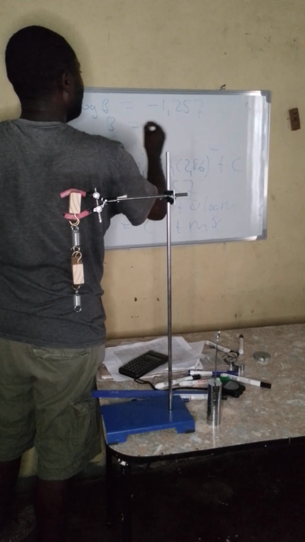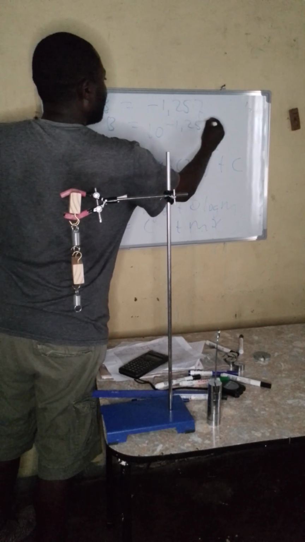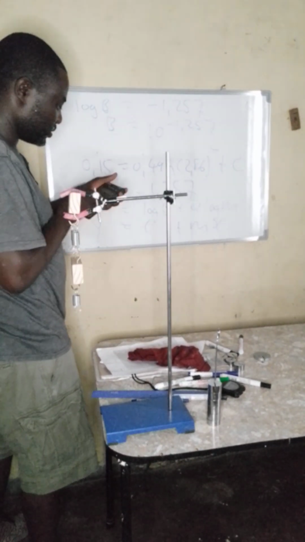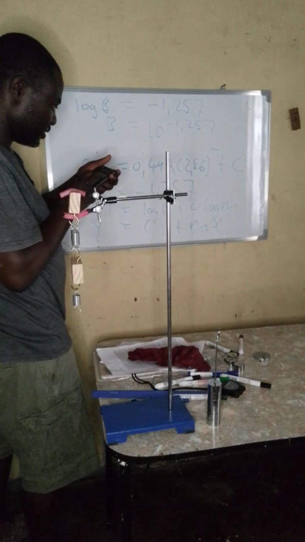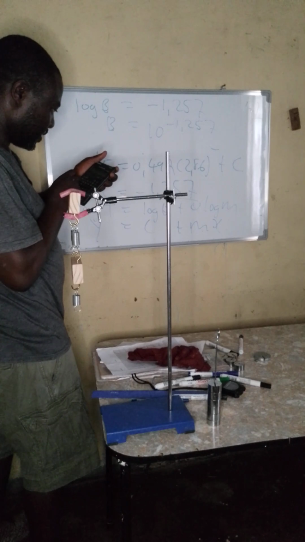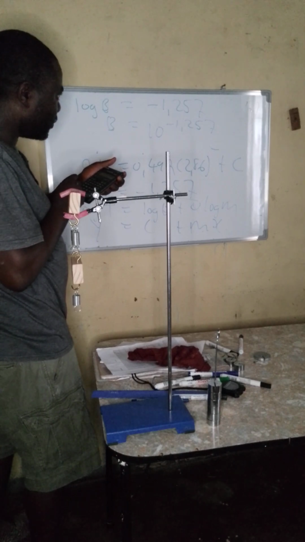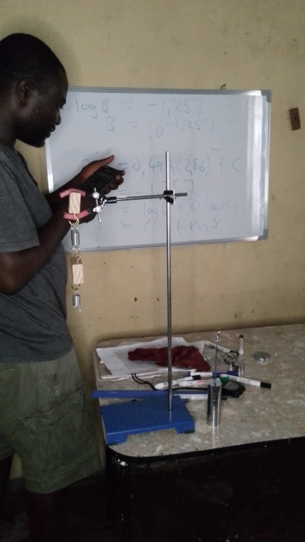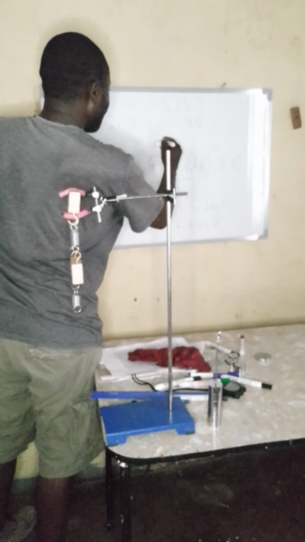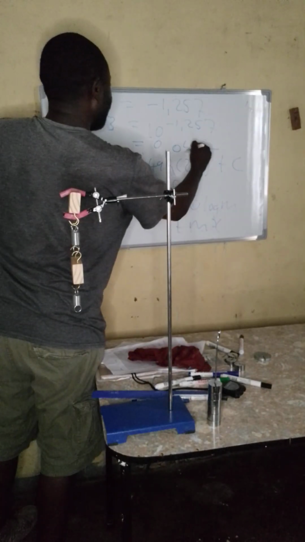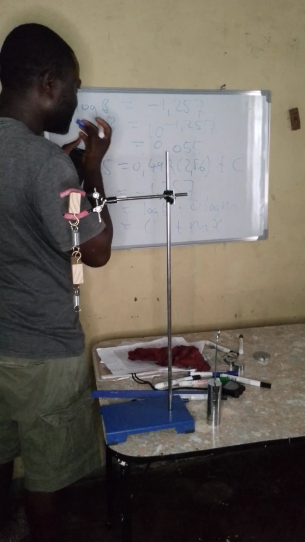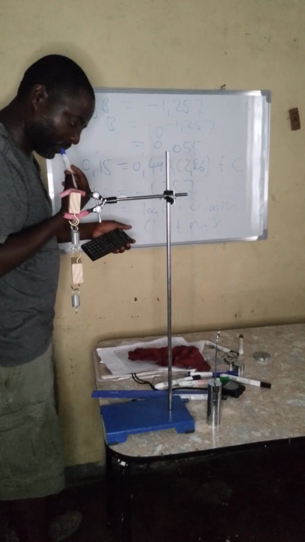So beta will be 10 to the power minus 1.257, which you can calculate. 10 to the power minus 1.257 gives 0.055. That is the value for beta. It has no units.